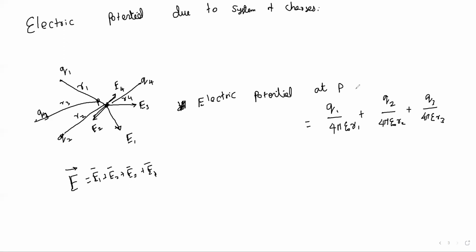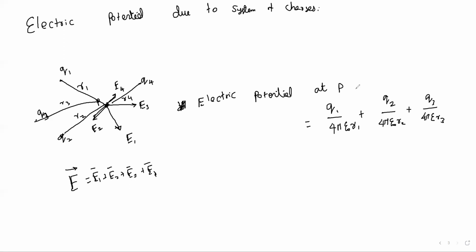The only thing we have to make sure is that we keep the charge at this point P. It should not go towards Q1. So the work is done by the system. So in the first case, sorry, in the second case, work is done by the system.